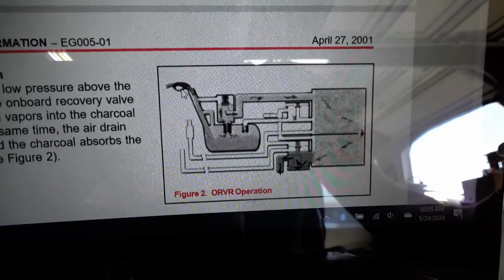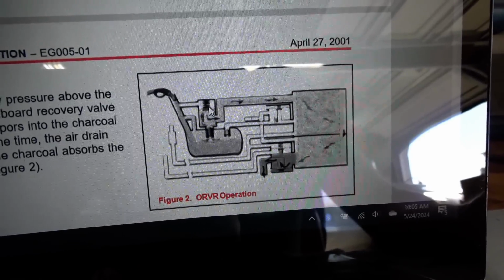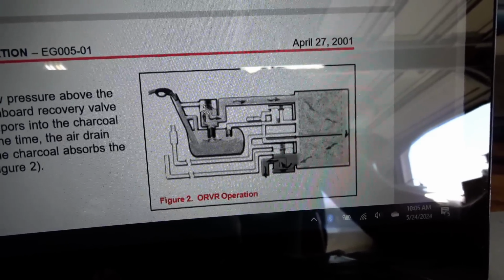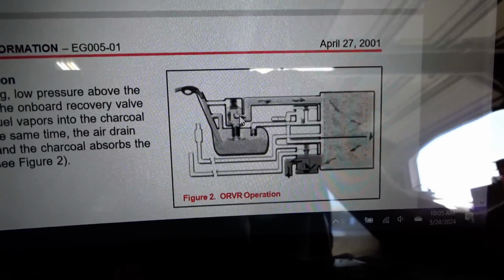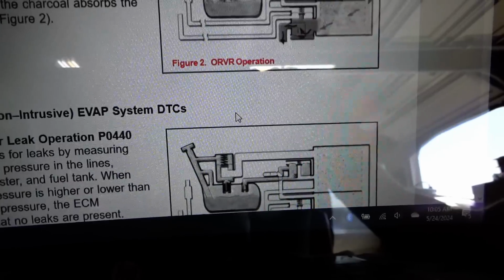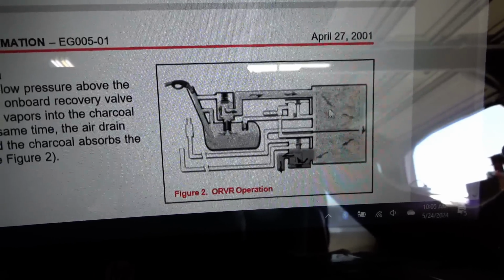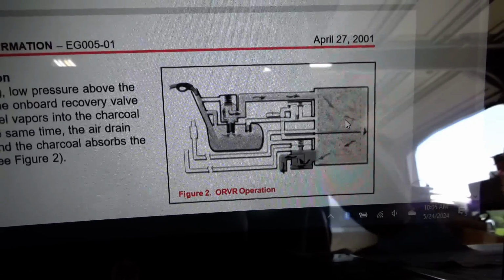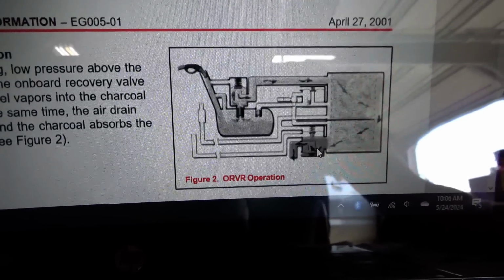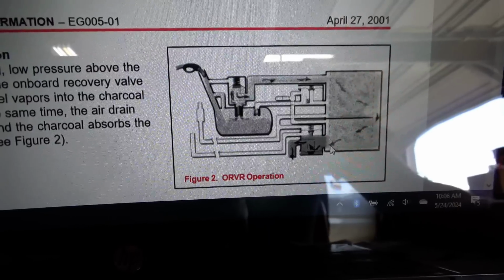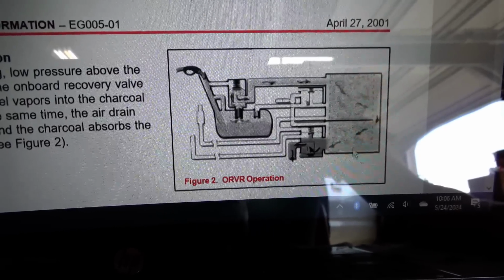As you can see, you're filling the tank, then the air wants to escape, and this ORVR opens up and lets fumes into the charcoal canister through a big pipe. And then, once the pressure builds up in the canister, it will automatically escape through the drain valve after being filtered through the charcoal.